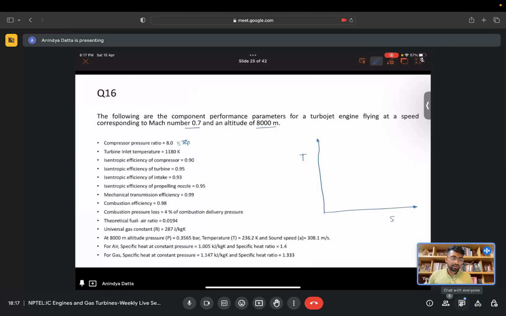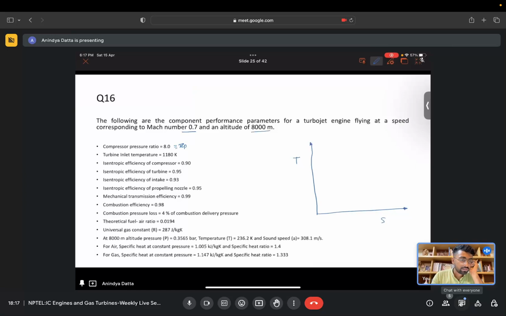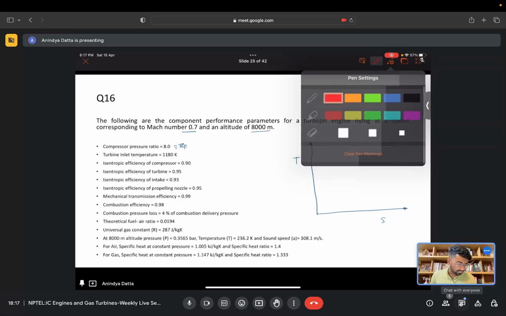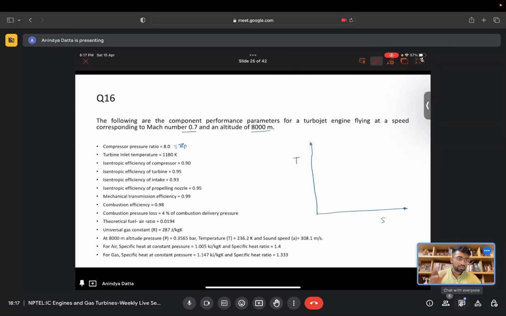As I told in one of my earlier sessions, in the case of a turbojet engine cycle we draw the TS diagram mostly in terms of stagnation quantities, because the flow velocity is significant, so that makes sense here, unlike in the thermodynamic problems we did for gas turbine based power plants.